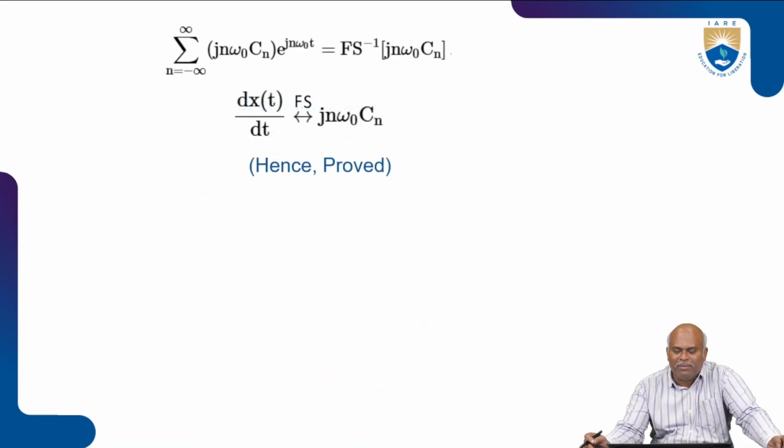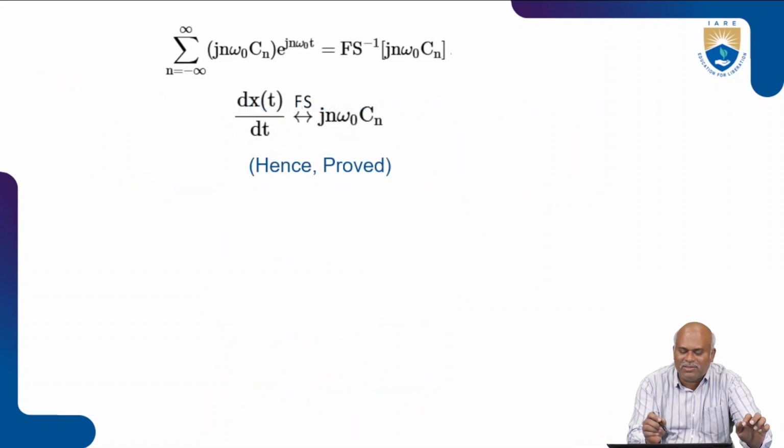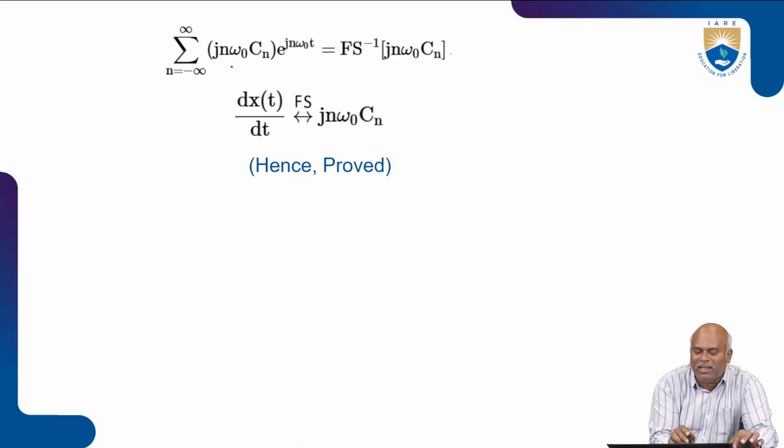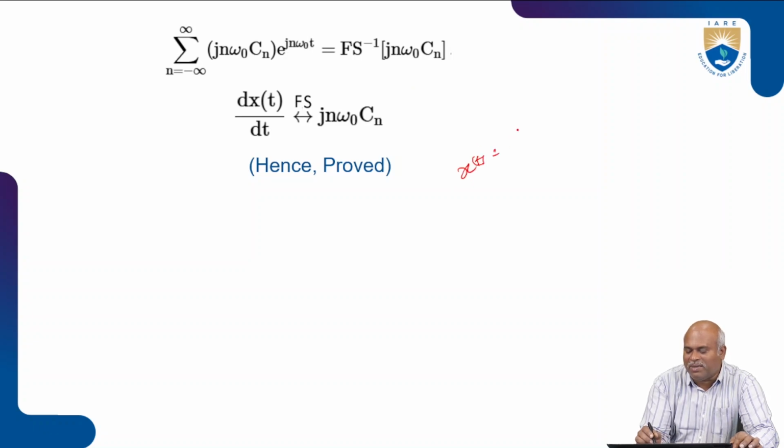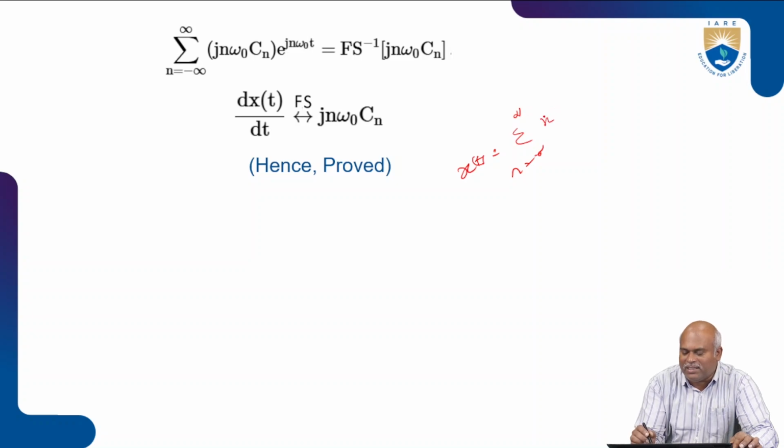So now I modified the equation like this. What will happen? The differentiation of e power jn omega 0 t gives jn omega 0, and that c of n is going to be similar. So I write x of t is equal to summation of n equal to minus infinity to plus infinity c of n e power jn omega 0 t. That x of t, we take the Fourier series and write as c of n.